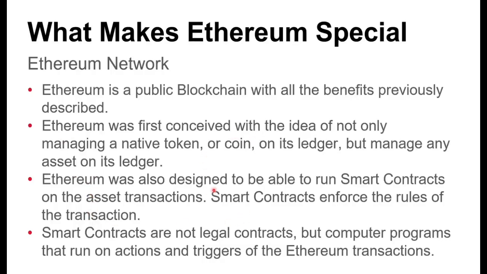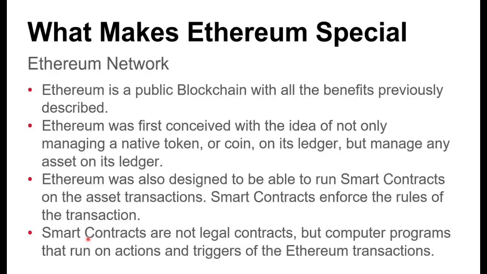It was first conceived by Bitcoin developers who wanted to take the blockchain to the next step of running smart contracts to take action on asset transactions, and also to create applications.